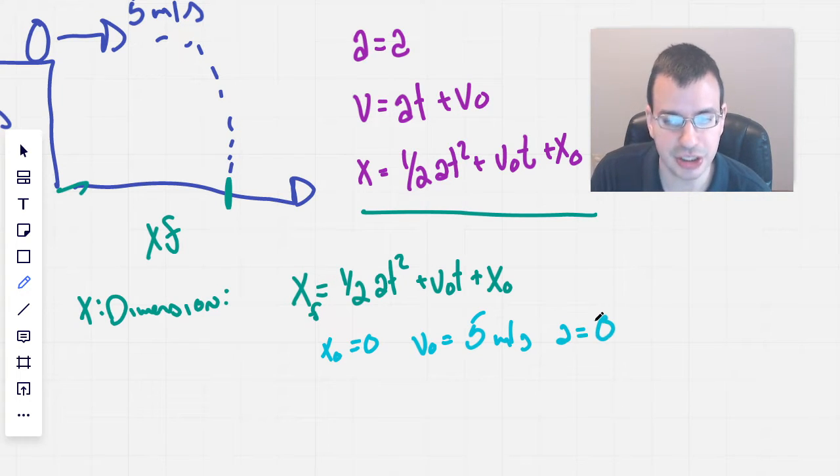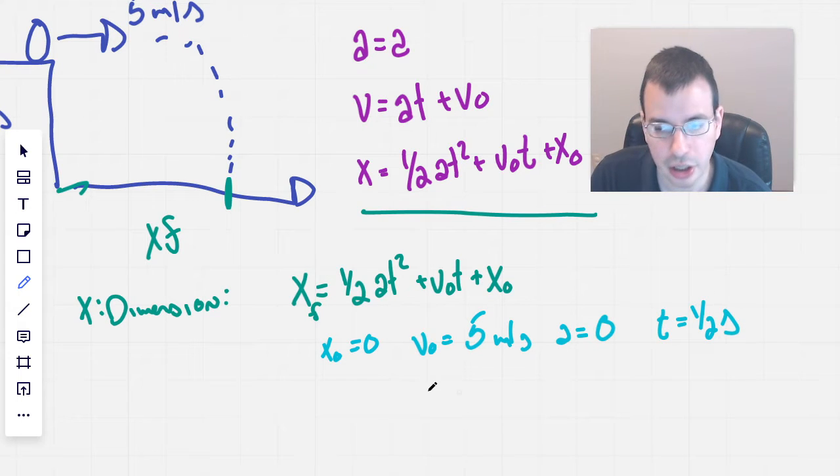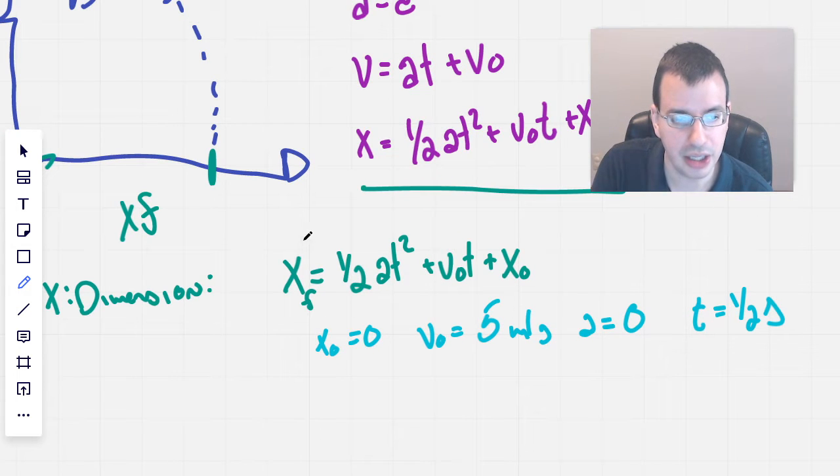Acceleration, there's 0 acceleration in the horizontal direction. Acceleration in this case only works downward due to gravity. And we'll say that time equals 1/2 seconds. So, yeah, it seems reasonable. So the only thing we don't know is x final. X final equals question mark.